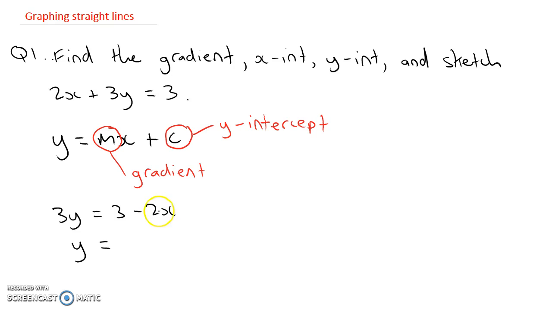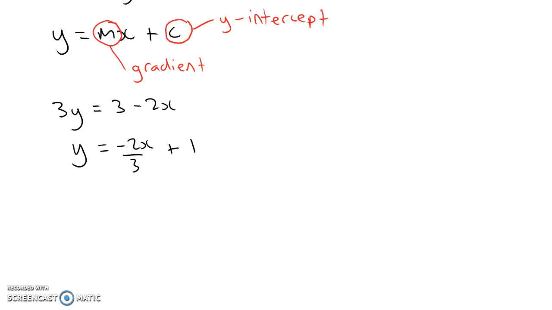The other thing I'll do is I'll write the minus 2x first, just because that's how we've got it in the gradient intercept form. So minus 2x over 3 plus, so this is this 3 here, 3 over 3 is 1. So I'm just going to write 1. So now we've got it in gradient intercept form.